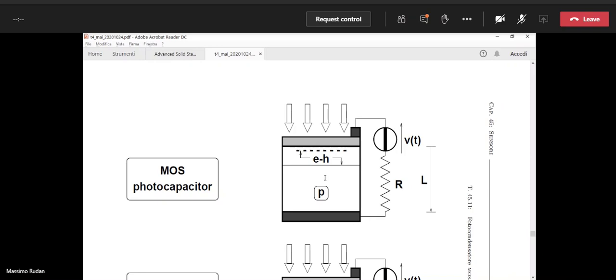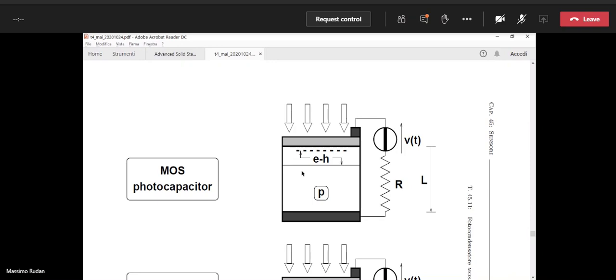So the sampling time may be long in this device because we need all these layers of electrons to recombine completely with the holes. So it is necessary now to understand how long the sampling time is, because the sampling time, of course, should be as short as possible.